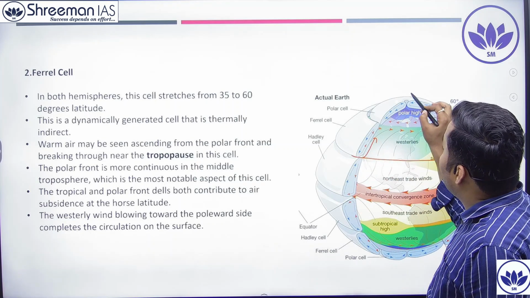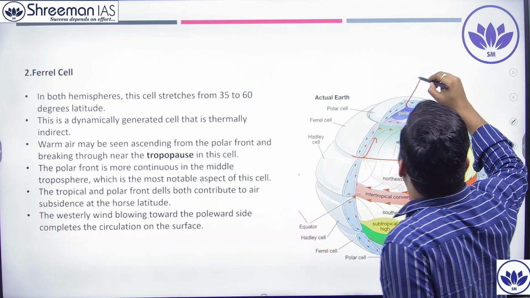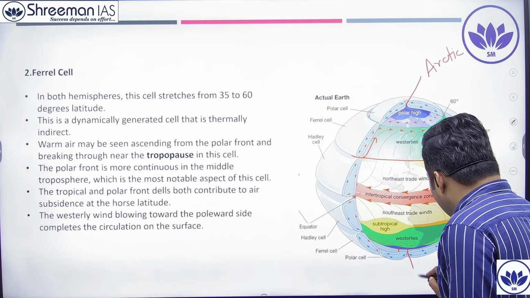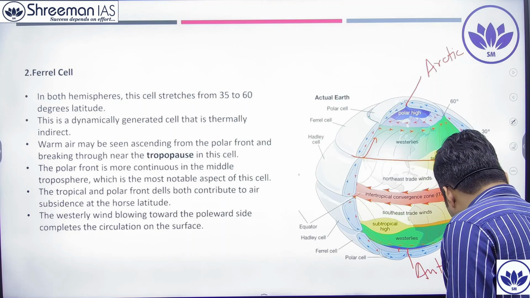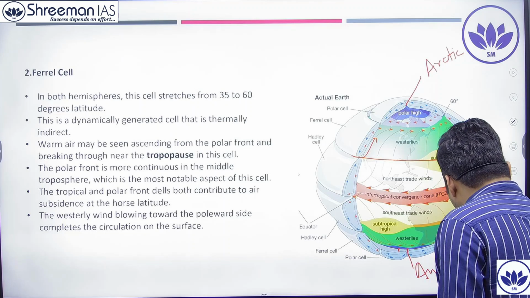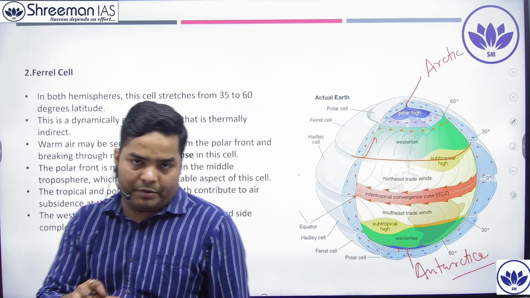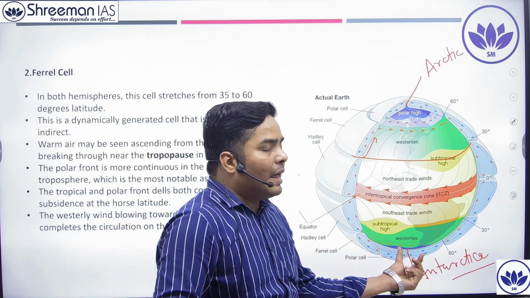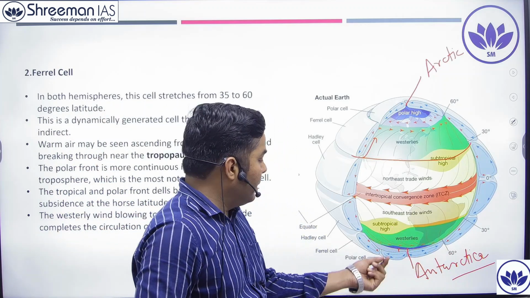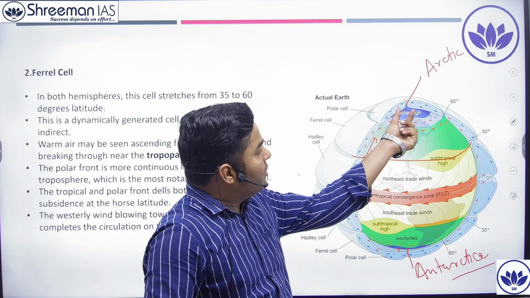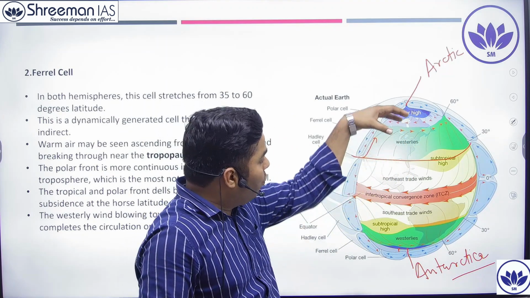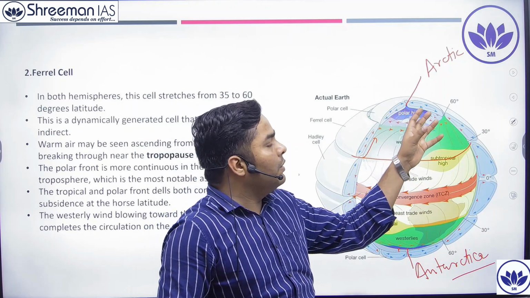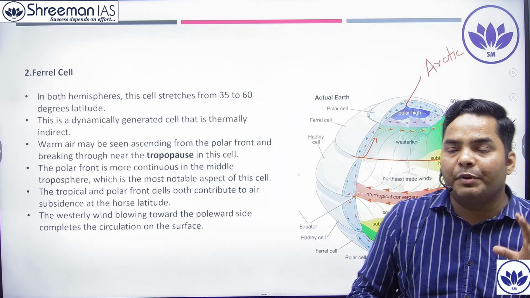And at the poles, you already know, here it is the Arctic, and here it is the Antarctic. It means already ice capped, these areas are ice filled. So the temperature is negative.